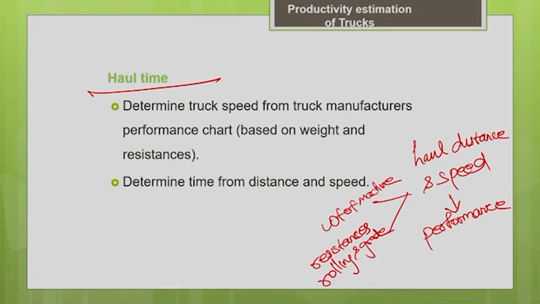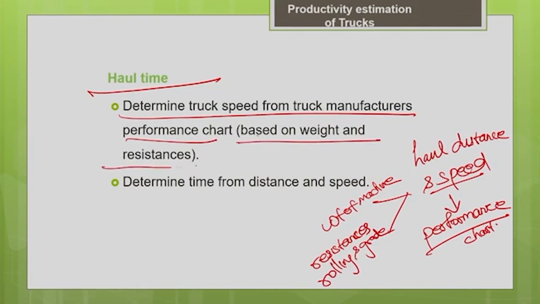If you know all these input data, you can determine the truck speed from the truck manufacturer performance chart. Once you know the speed and the distance, I can calculate the haul time.